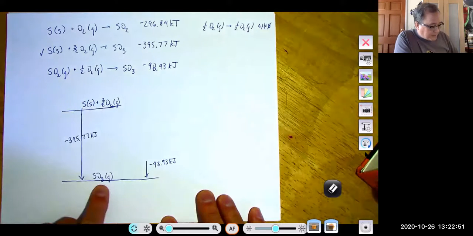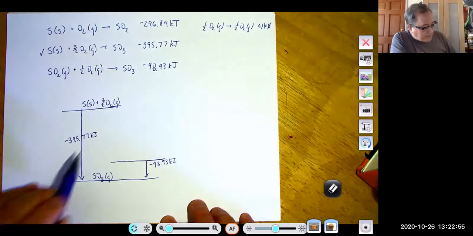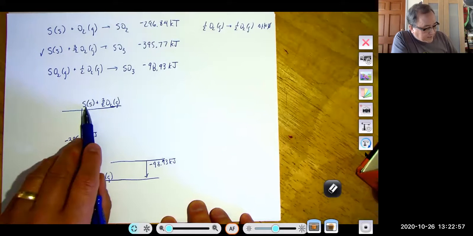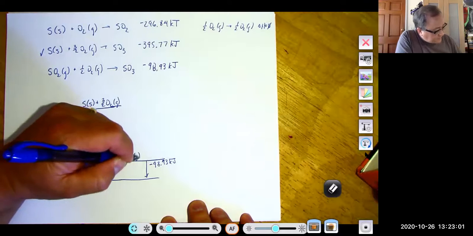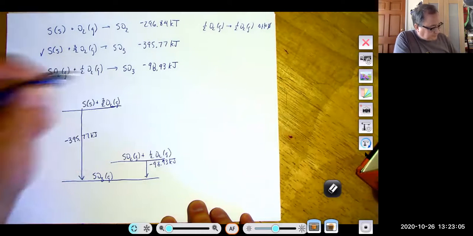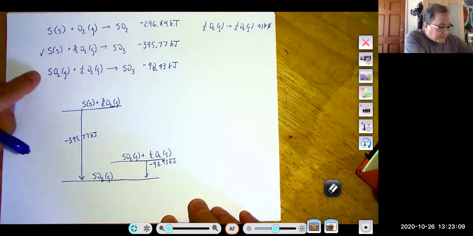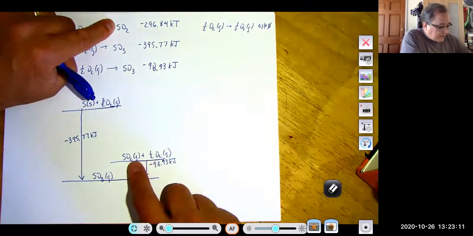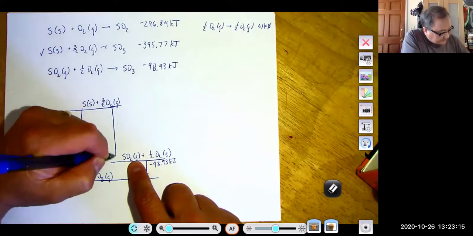It ends up here at SO3, but instead of starting up here at S and 3/2 O2, it starts at SO2 and 1/2 O2. And for this last arrow, I want to end up at SO2, which is right here, and I want to start off here. So I'm going to do this.